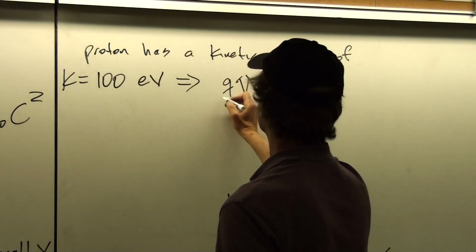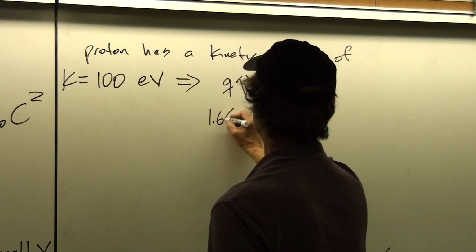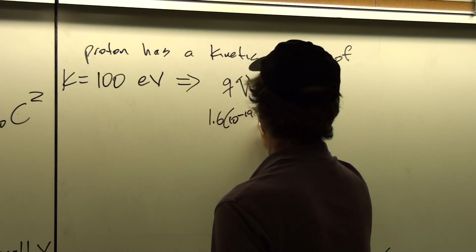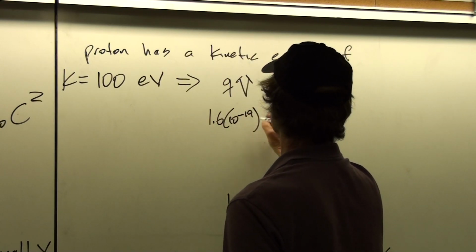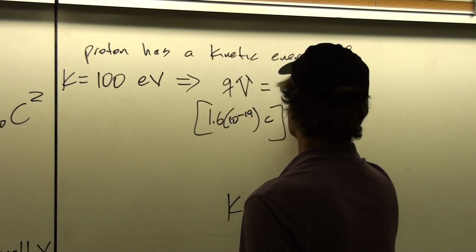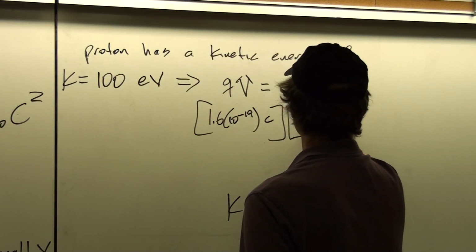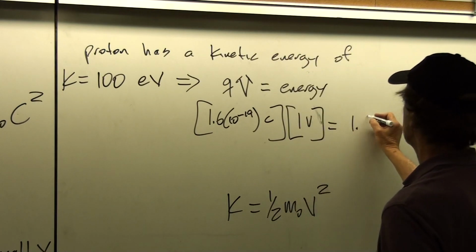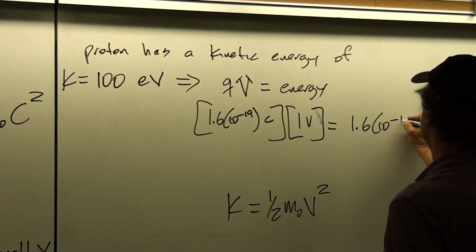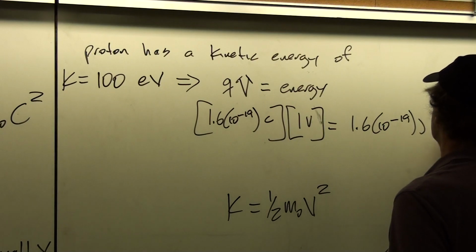Okay, and so here, the charge is the charge on an electron, 1.6 times 10 to the minus 19 coulombs, times 1 volt, then the energy that that has is going to be 1.6 times 10 to the minus 19 joules.